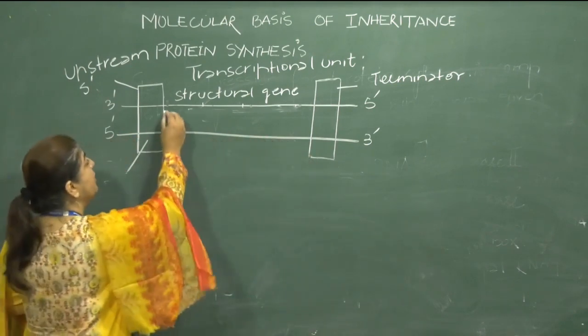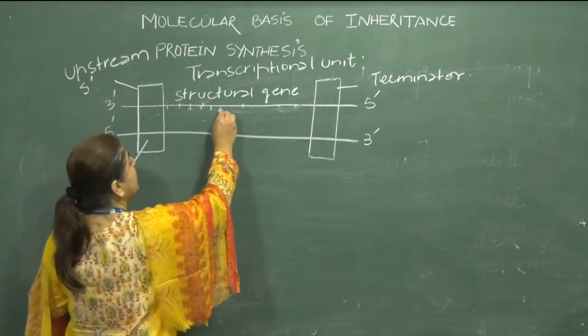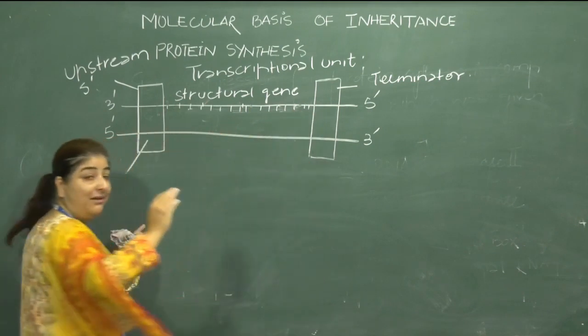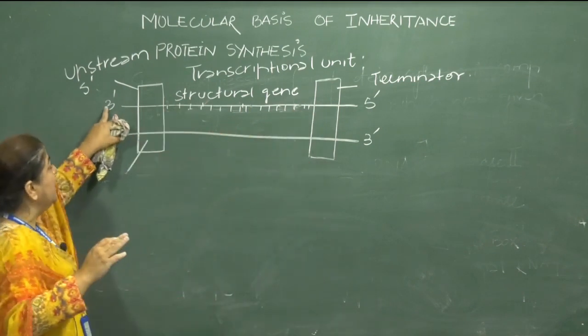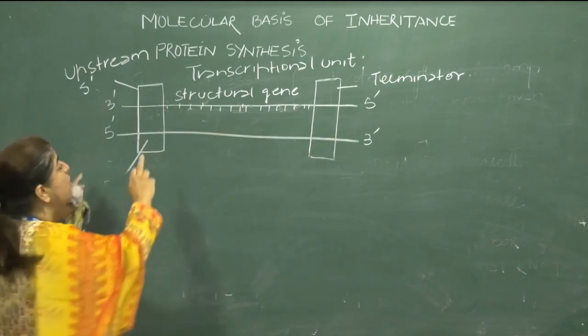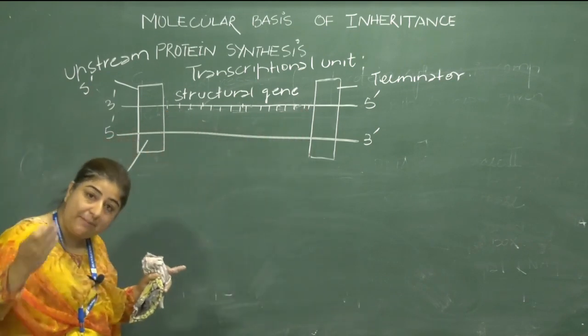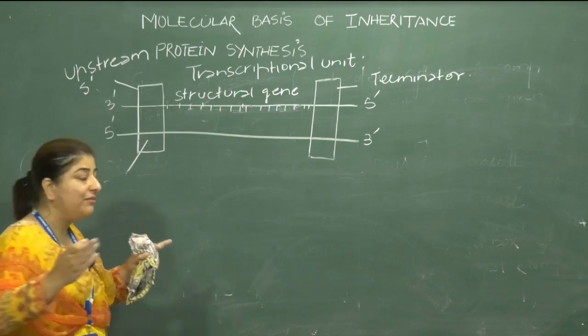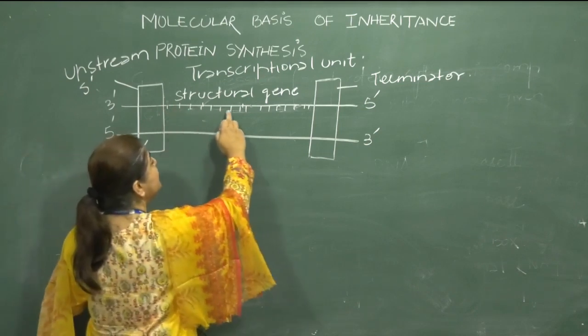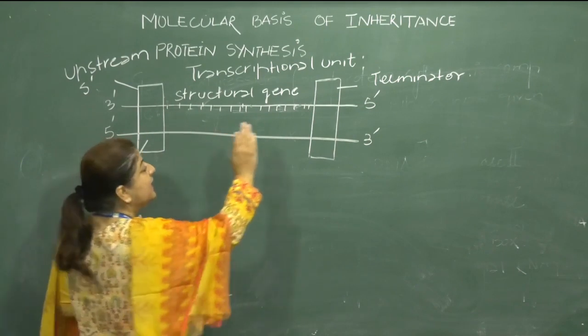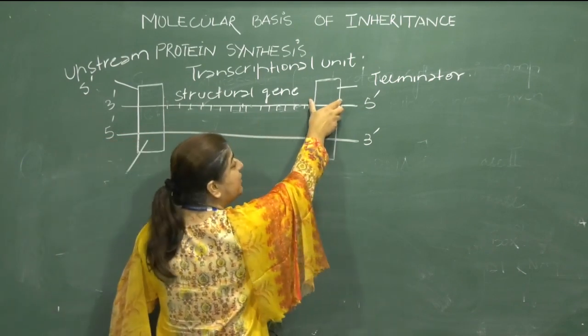The information present in the structural gene is on the non-coding strand. This non-coding strand is read by the RNA polymerase, and when the RNA polymerase reads this strand, it adds the nucleotides. Now this is the terminator region.